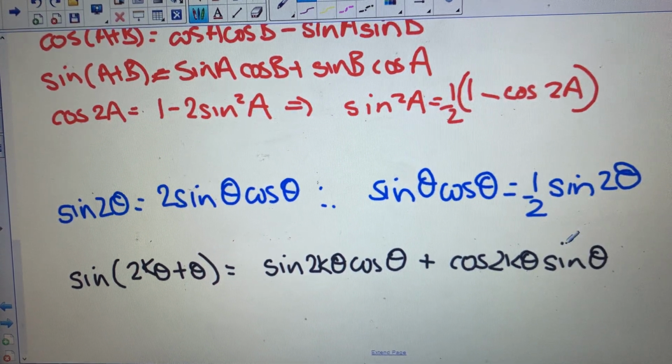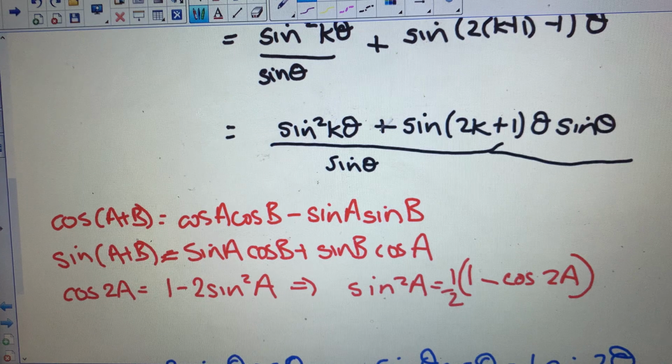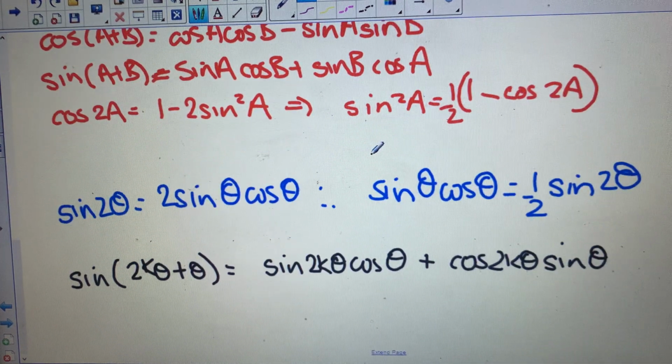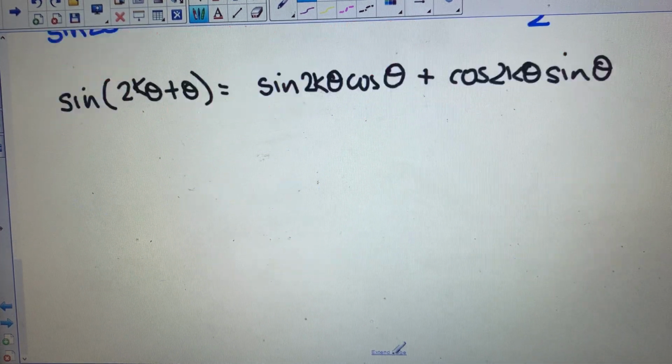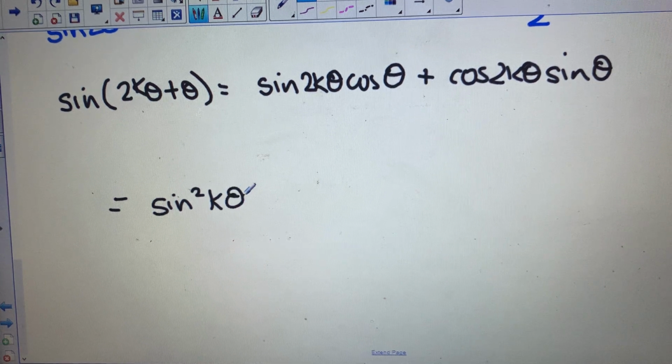So I'm now going to go back and rewrite the whole of this. So it's going to become sine squared k theta plus, and I've got a bracket here, sine 2k theta.